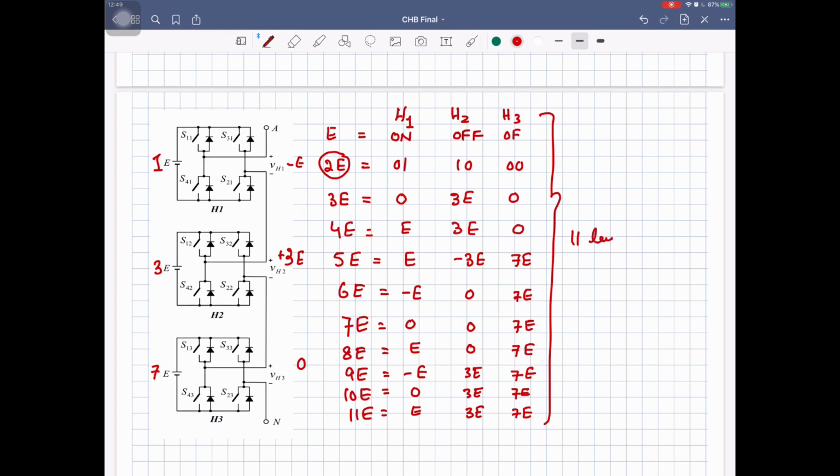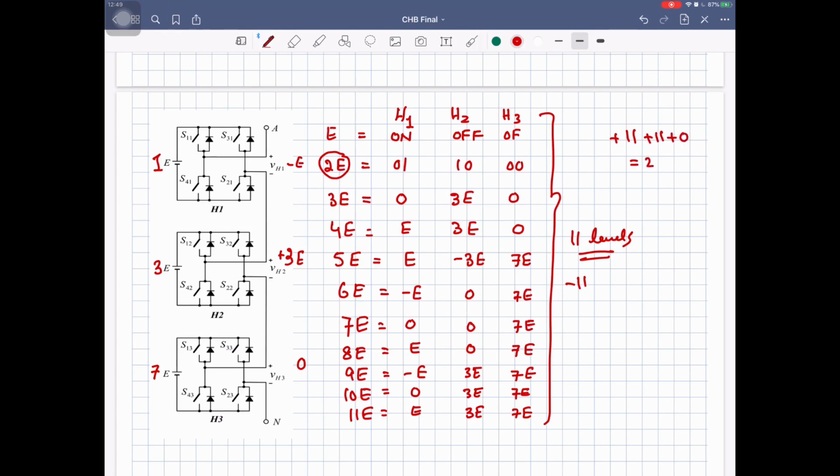in the positive part. Similarly, you can switch to get another set of 11 levels, which will give you the negative voltages minus E, minus 2E, minus 3E, minus 4E, and so on up to minus 11E, and a 0 level. So 11 in the positive, 11 in the negative, and 1 is the 0 level.